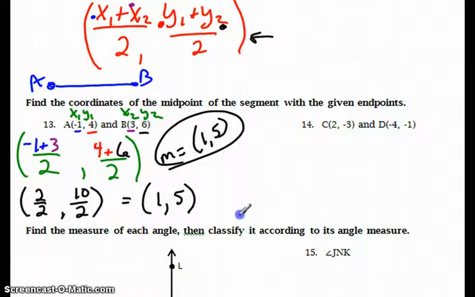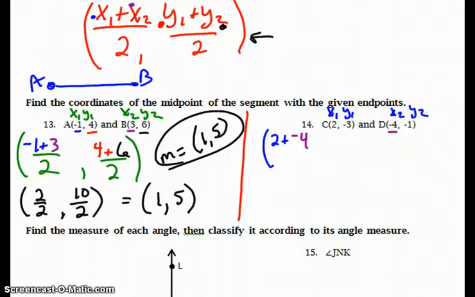And number 14, they want the midpoint of segment CD. So let's start off. We would have 2, because this is x1, y1, x2, y2. So x1 is 2 plus x2, which is negative 4.